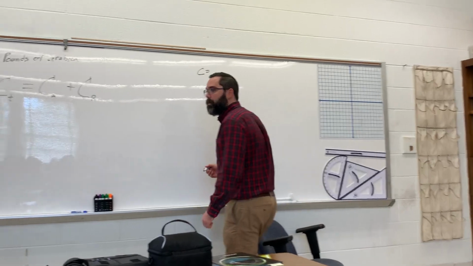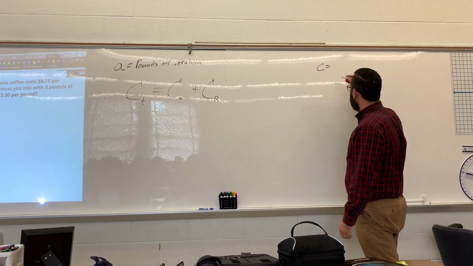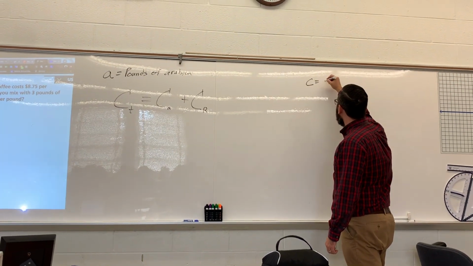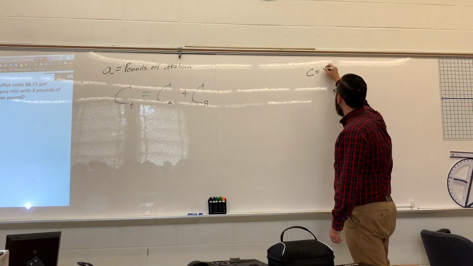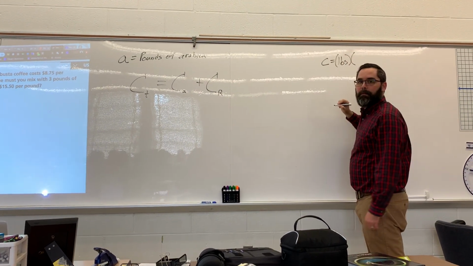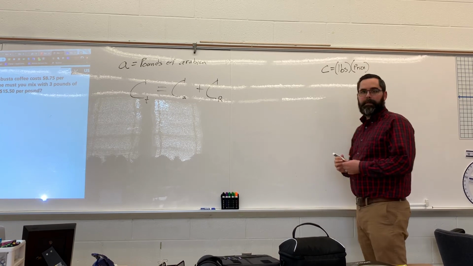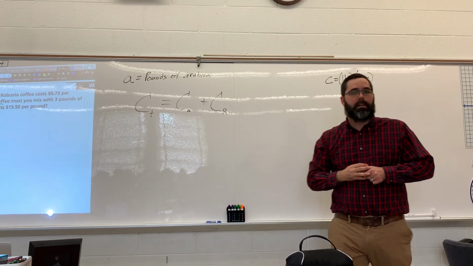Price per pound. So we multiply: pounds times price per pound. Does that make sense? That's how you figure out cost.